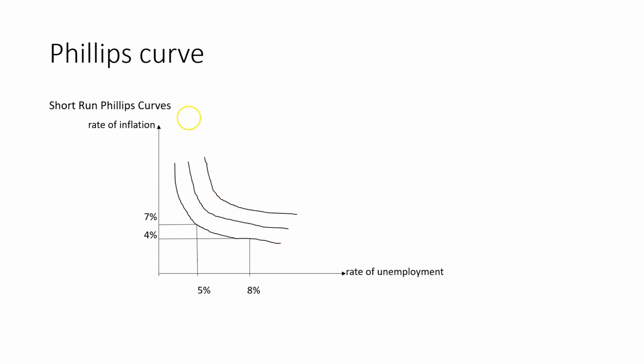Along this short-run Phillips curve, let's say we start at an unemployment rate of 8%. And the government says, oh, that's way too high. We want to stimulate the economy to get people back to work. So they begin spending more money.